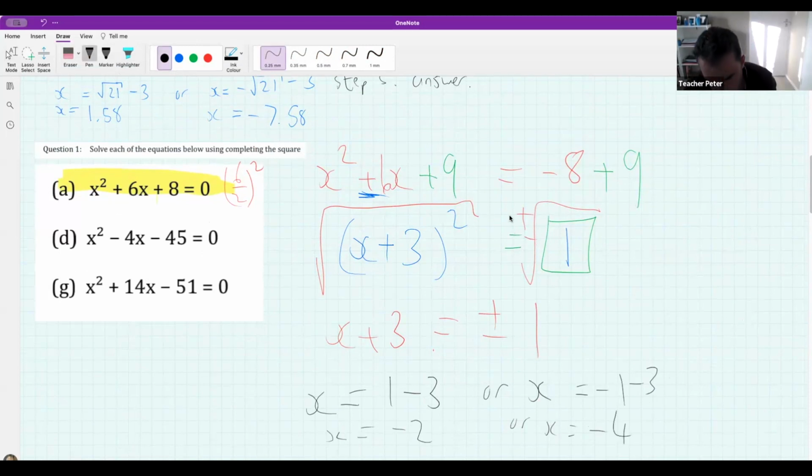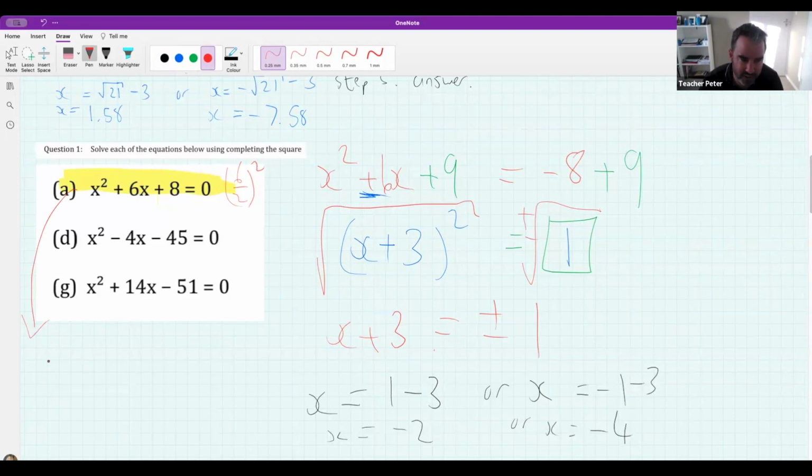Now, just to show you that this method is telling you the truth, and actually the title of today's lesson is Methods for Solving Quadratic Equations. So we're just looking at different methods we can use. Another method I could have used for this quadratic equation is I could have factorized this.